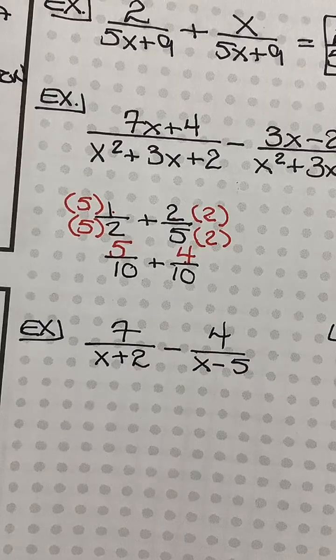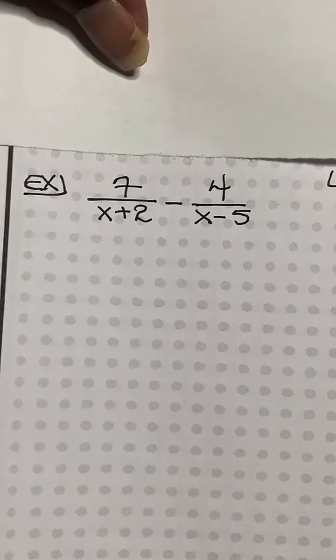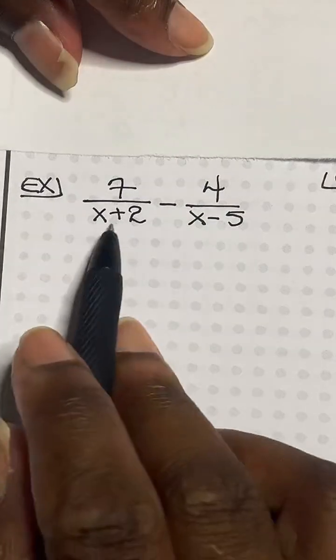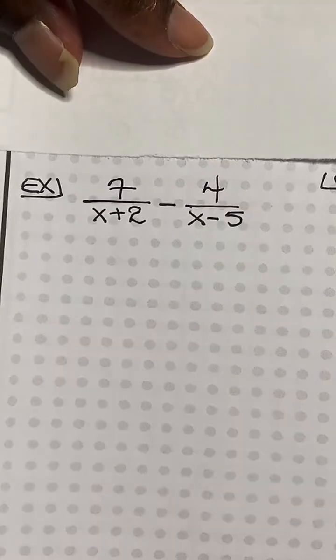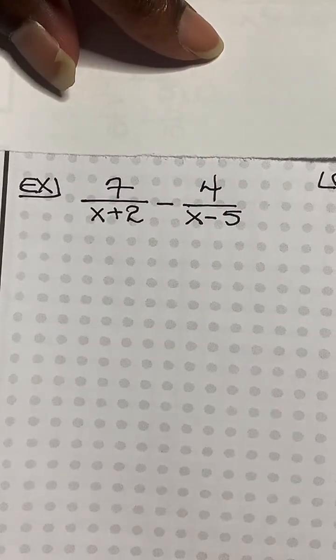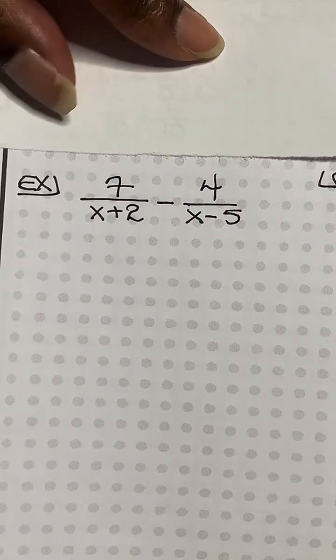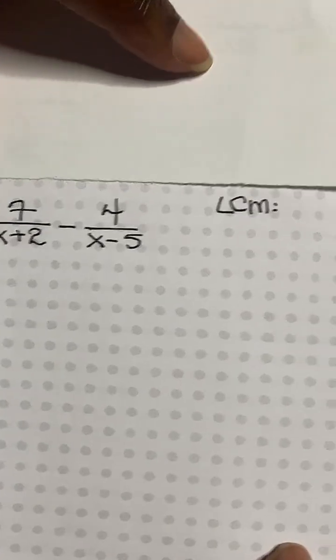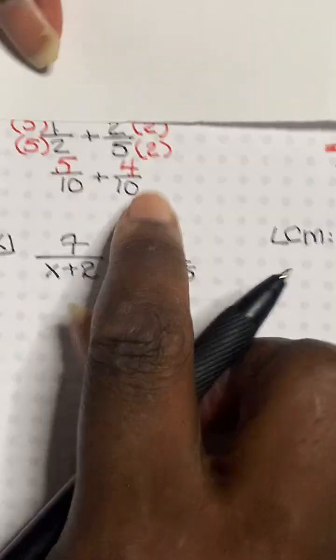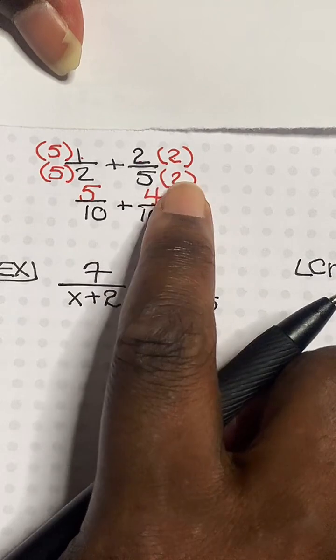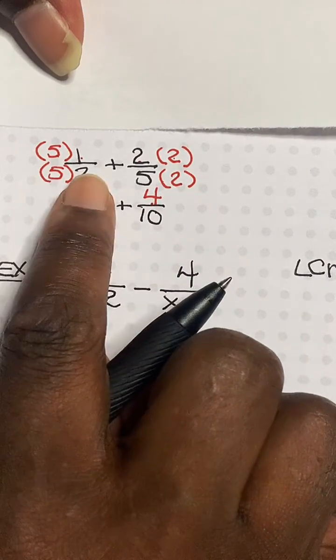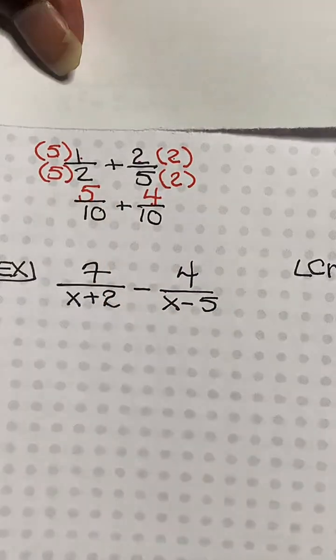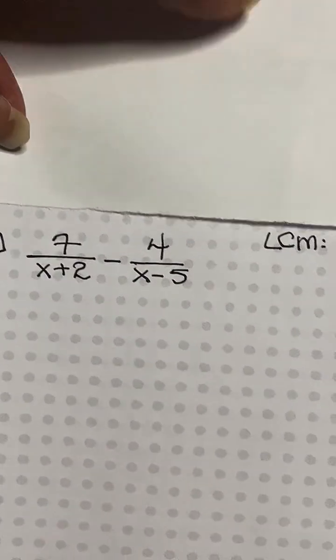Now, let me cover up so we can focus on our task. We need a common denominator. So instead of losing your mind trying to figure out an individual number, just do what we did up here. We multiplied what was missing to the original denominator.